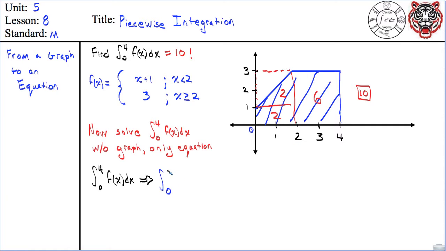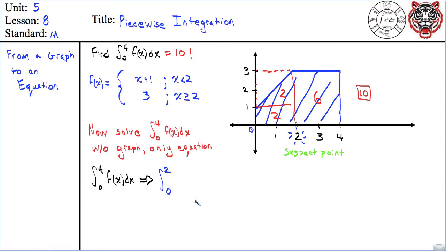So I'll say from 0 to 2, and notice what 2 is. Do you remember the name of this guy? This 2 here is called the suspect point. The suspect point is usually going to be the break. It'll go from 0 to the suspect point, and then from the suspect point to the end, 4.